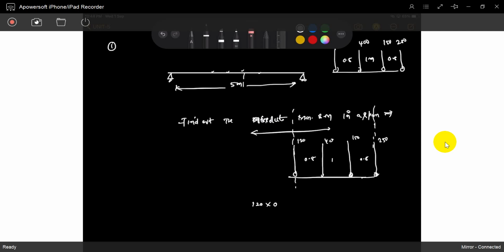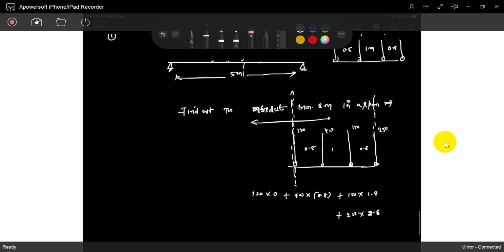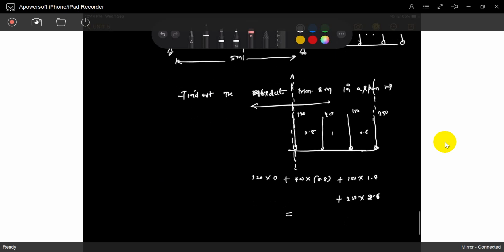For the center of gravity we will find from this section: 120 into 0, 400 into 0.8, 150 into 1.8, 250 into 2.6. That is equal to the total load, 120 plus 400 plus 150 plus 250, multiplied by the center of gravity.